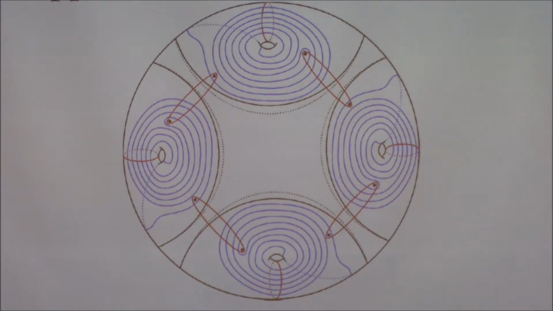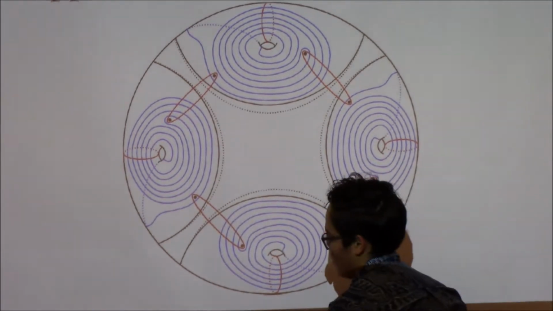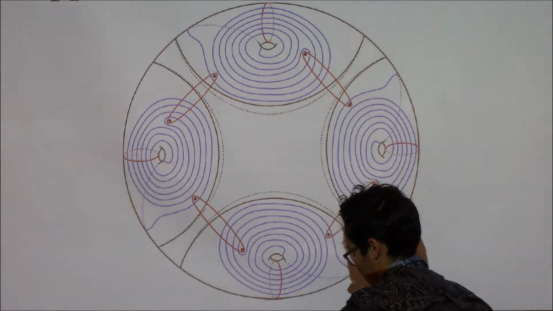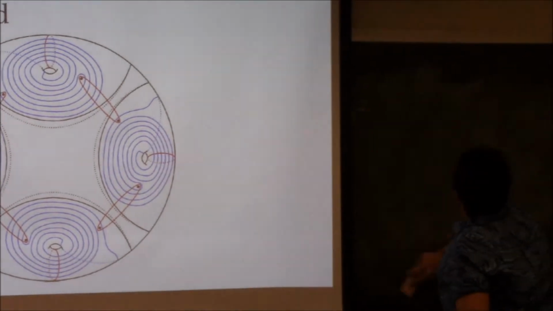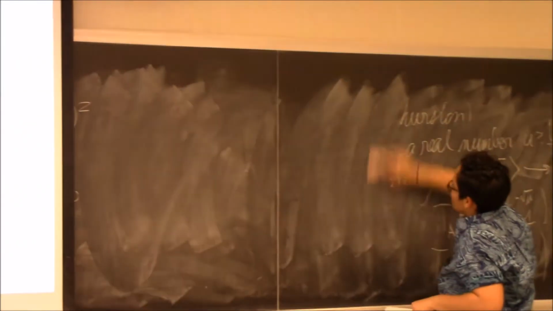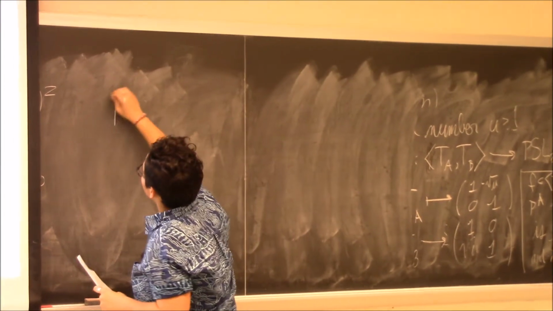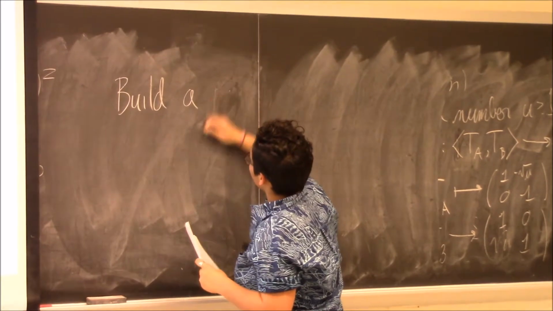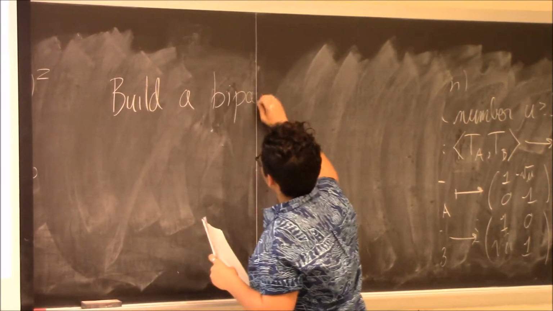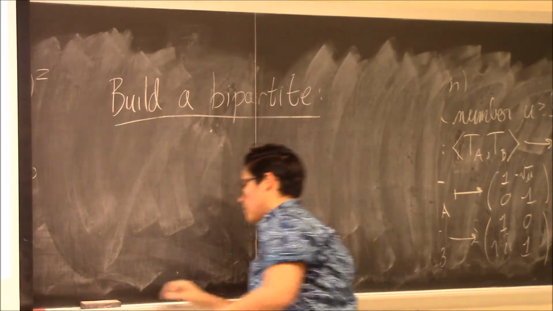OK. So this is great. Since we've written down what our multi-curves look like, we can now figure out what their dilatation is. To compute that, I'm going to draw a graph. We'll build a bipartite graph, in the most natural way, I think.